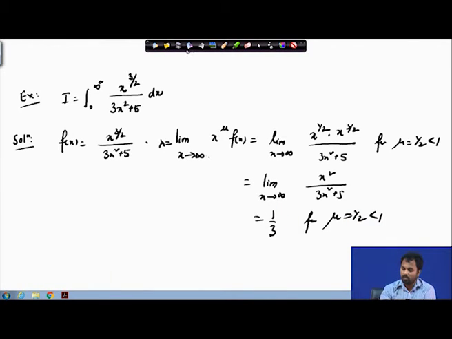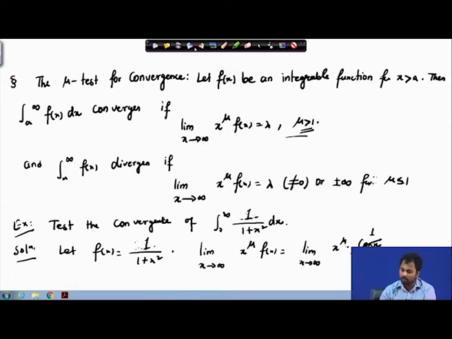Now, this falls into this category, that if mu is less or equal to 1 and if the value is non-zero, then in that case the integral is divergent.